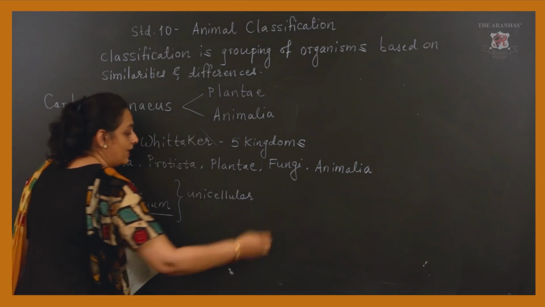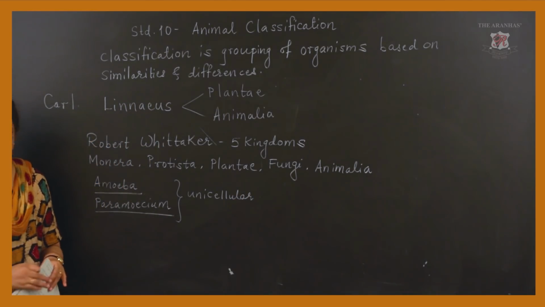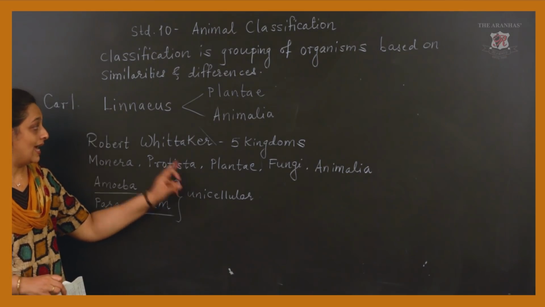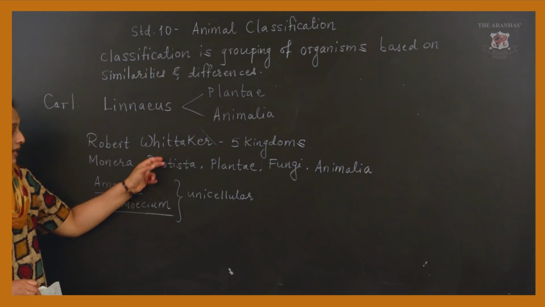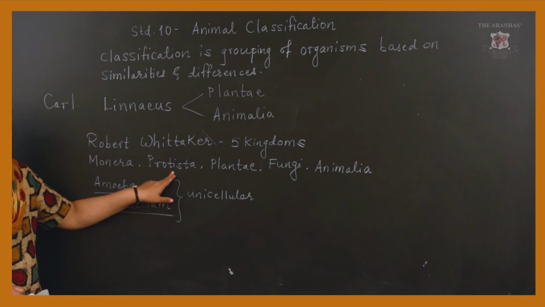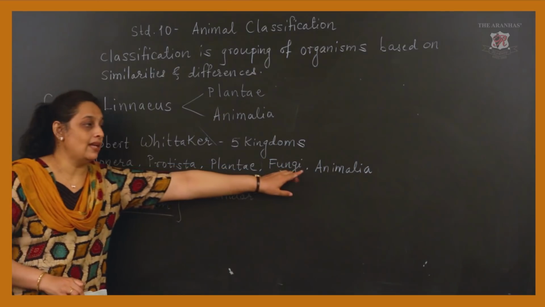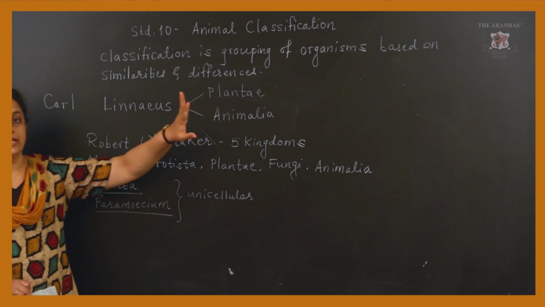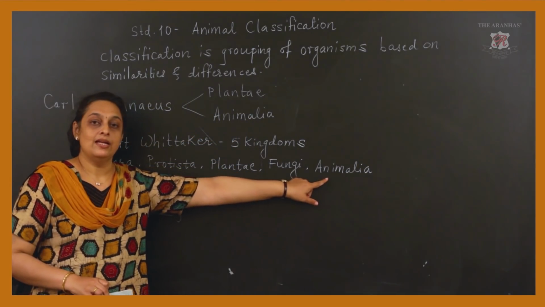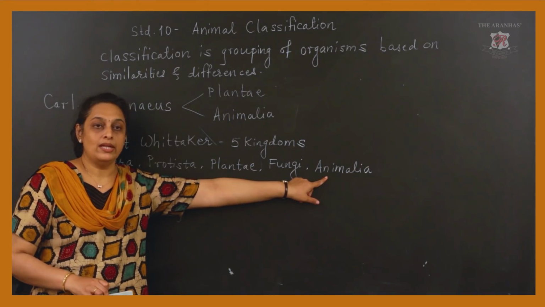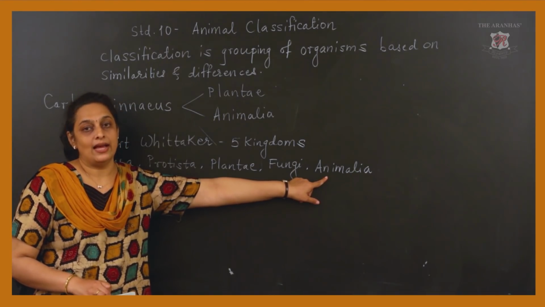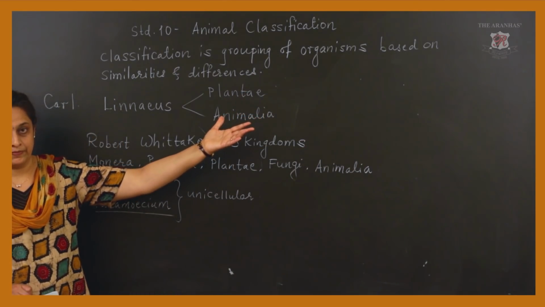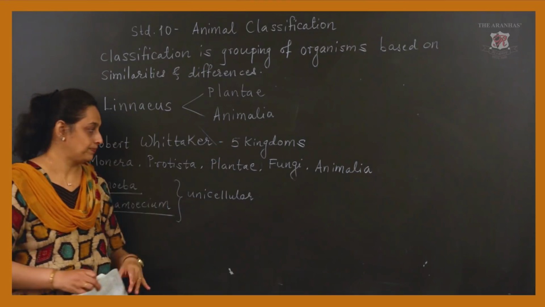That is, their body is made up of a single cell. So, these unicellular animals, as per Whittaker's system, are in Protista. So, we are not going to deal with those animals in Animalia. So, obviously, in kingdom Animalia, we will be dealing with only multicellular animals and their further classification. Okay, understood?